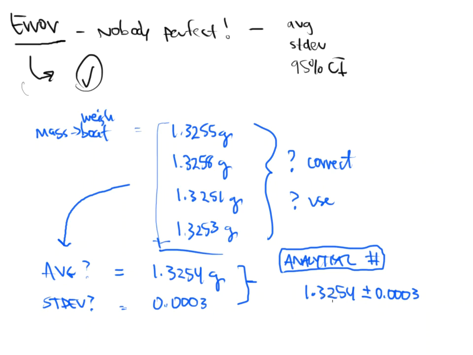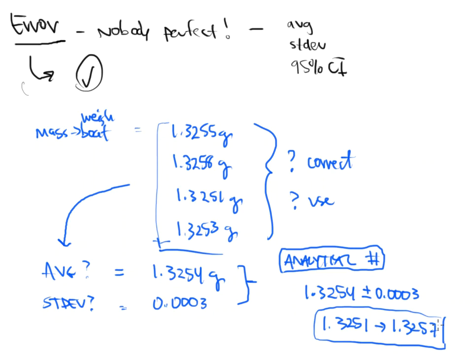So 1.3254 minus 0.0003 is 1.3251, and then that number could go 1.3254 plus 0.0003, and that would go to 1.3257. Well, this is very similar to a confidence interval, but it's not really doing a confidence interval, right?